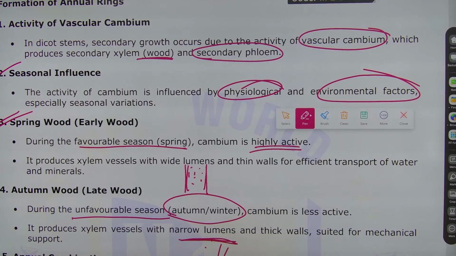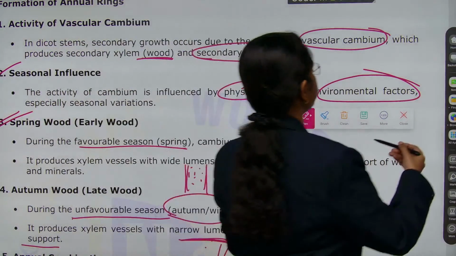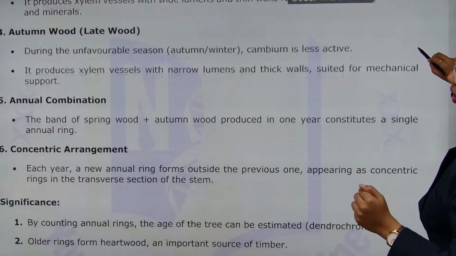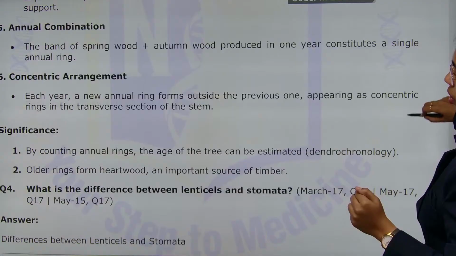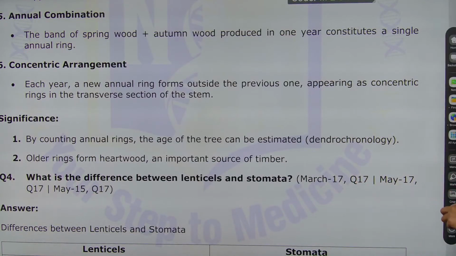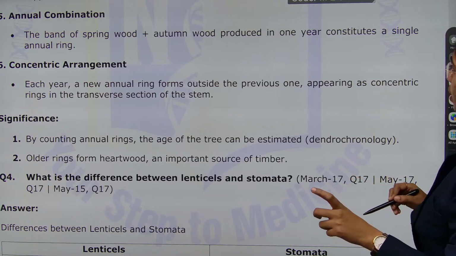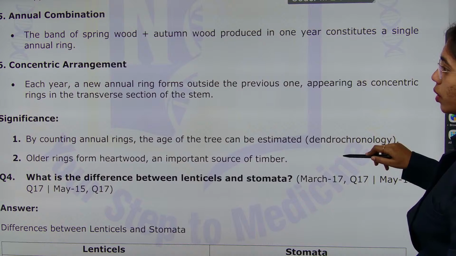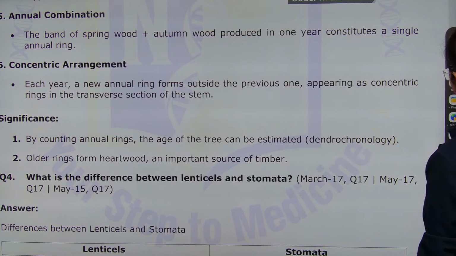This is suited for mechanical support only. And then the annual combination: the band of spring wood and autumn wood together represents one ring. Remember, the band of spring wood and autumn wood together form one ring.